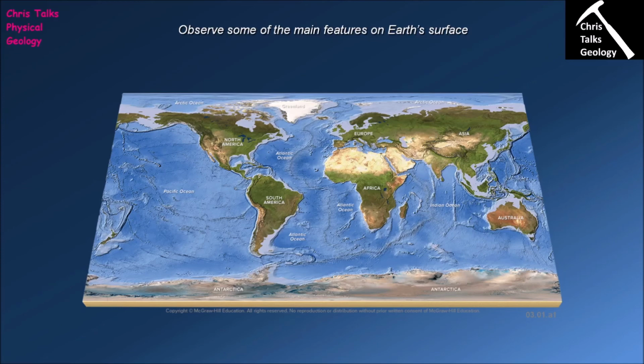That shows you just how important the theory of plate tectonics is to geology, because it helps to explain what we actually see. It's what's called a unifying theory. It allows you to bring lots and lots of observations together and explain them using one grand model, essentially.